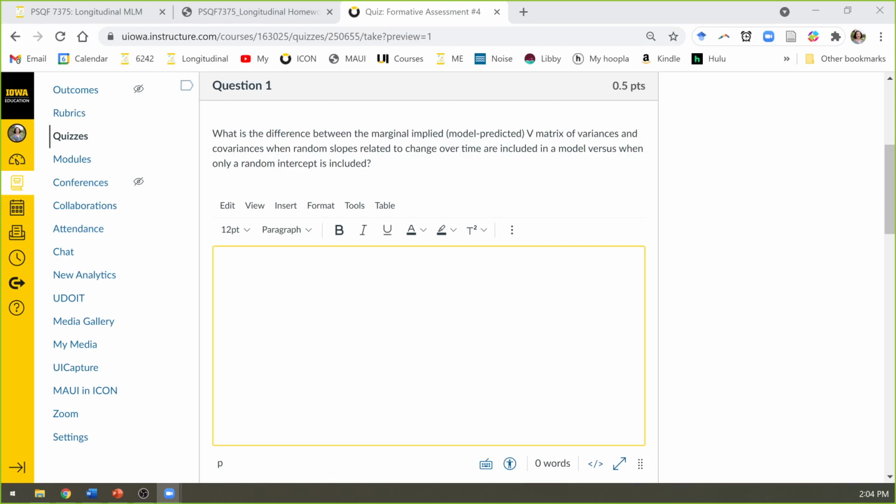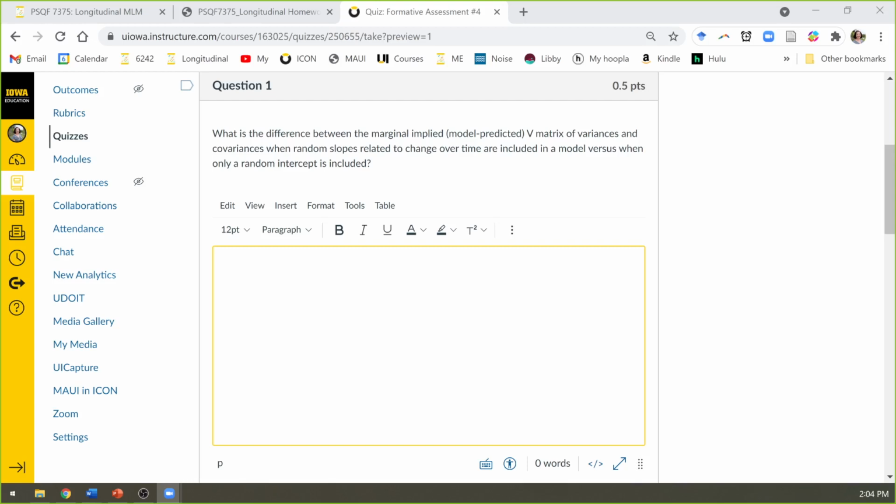If the only thing that's random is an intercept, so you have a random intercept variance at level 2, and I have a residual variance at level 1, when I put those back together again, what is the pattern called that they create?